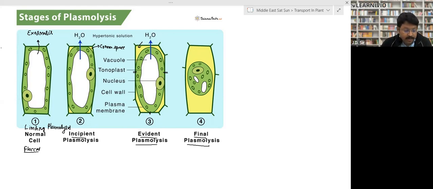Due to continued exosmosis, the protoplast shrinks, with further withdrawal from the cell wall, except at one or a few points.